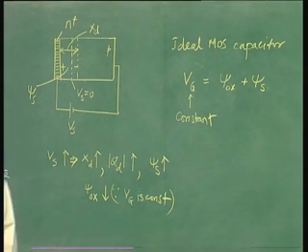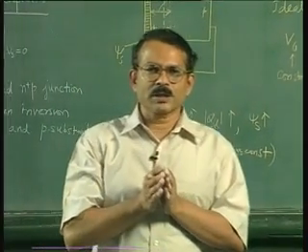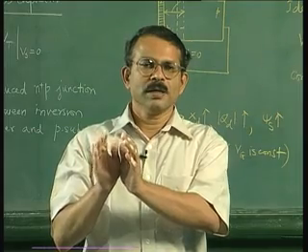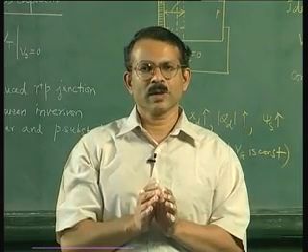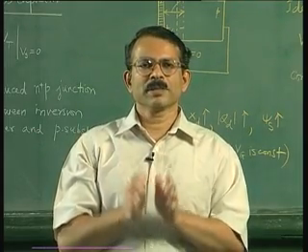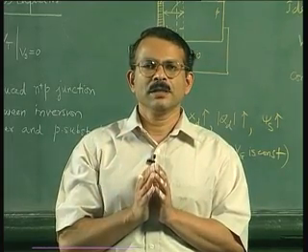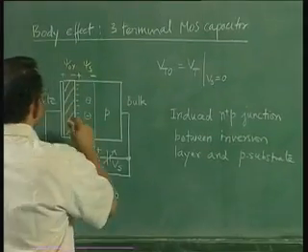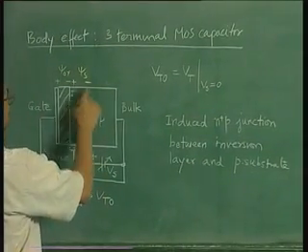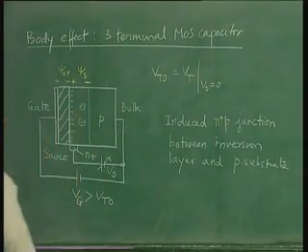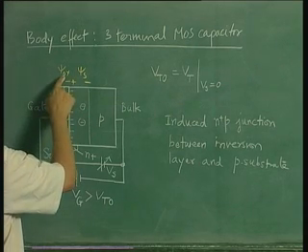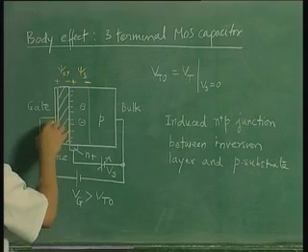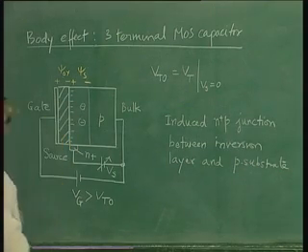Recall that the potential drop across the oxide is equal to the total charge in silicon divided by the oxide capacitance. Okay, this is from simple parallel plate capacitor physics, we have discussed this point. So Qs is the total charge in silicon, including the inversion charge and the depletion charge. This psi ox is Qs by Cox, of course with a negative polarity, because when you apply a positive voltage to the gate, charge here is negative.